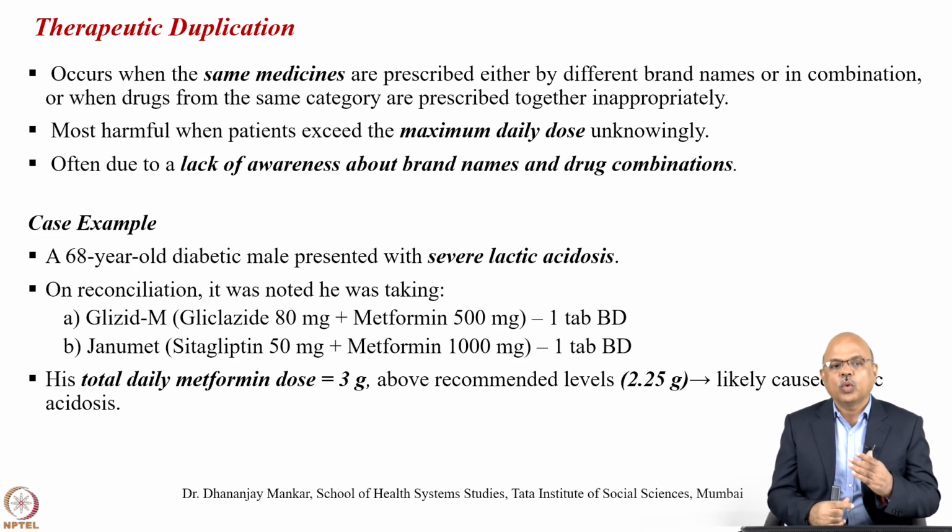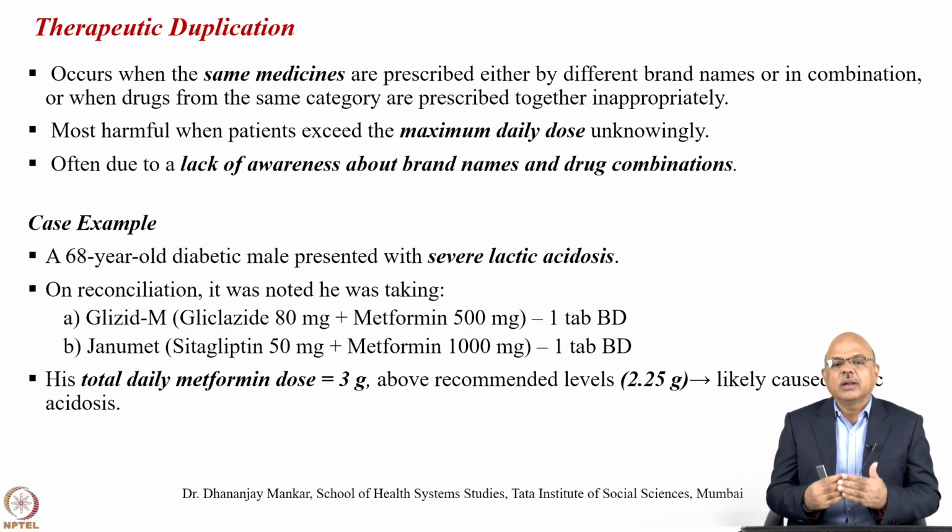A 68-year-old diabetic male presented with severe lactic acidosis. Lactic acidosis is a condition which can be seen with a lot of issues. On reconciliation, it was noted that he was taking a combination of Glycomet, that is gliclazide 80 milligram plus metformin 500 milligram, one tablet BD, that is twice a day, and Genumet, that is sitagliptin plus metformin 1000 milligram, one tablet BD.